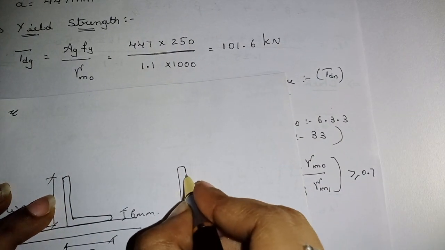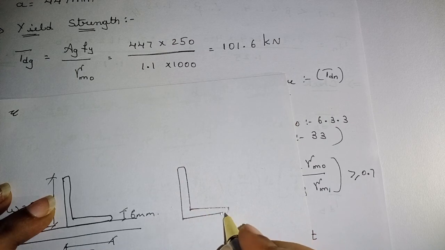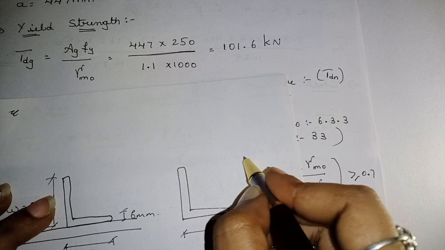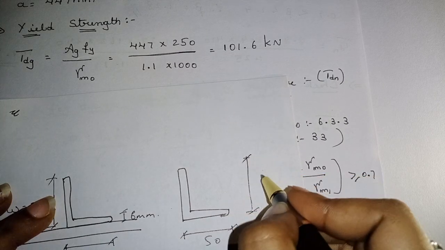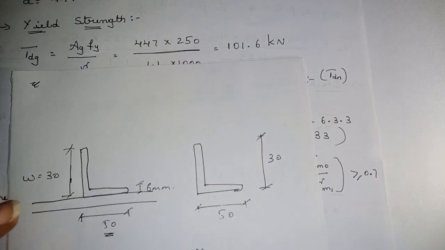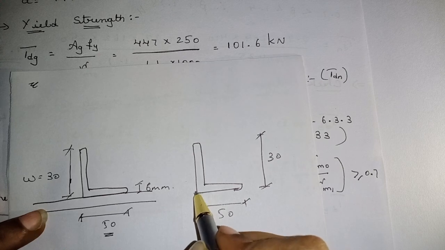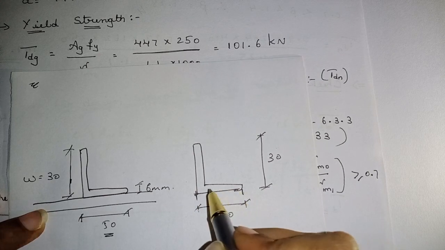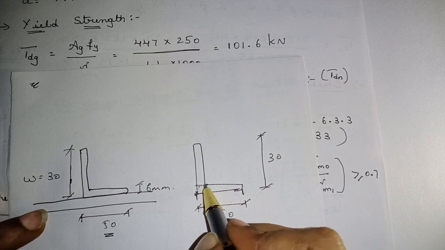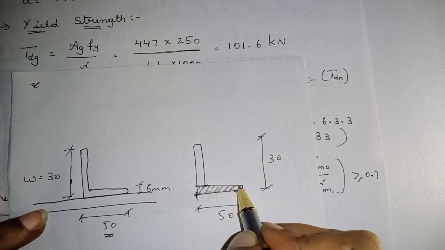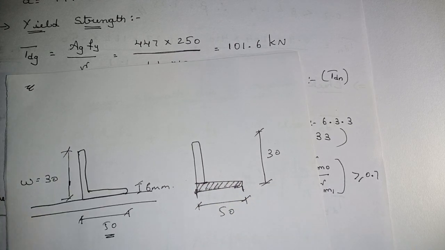Okay, so now here you have an angle section. This I will take as 50, and this I will take as 30. Got it? So what happens now, from here till here it is 50. If you find out the outstanding leg or the connecting leg, you will end up like this.